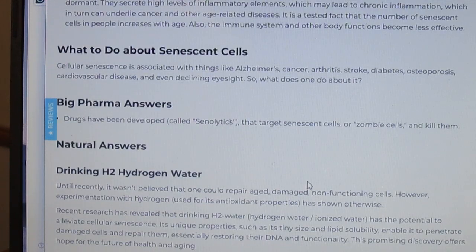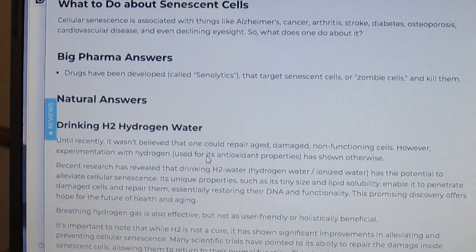Now, short of using drugs, which is never my answer, I prefer to do things naturally myself, there are natural answers. And drinking hydrogen water is at the top of the list.